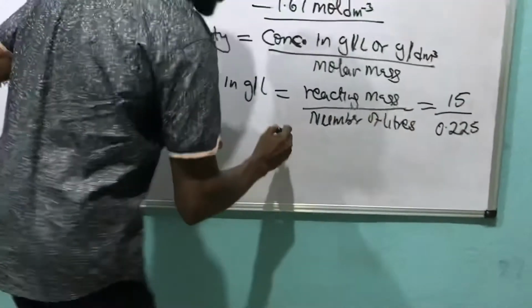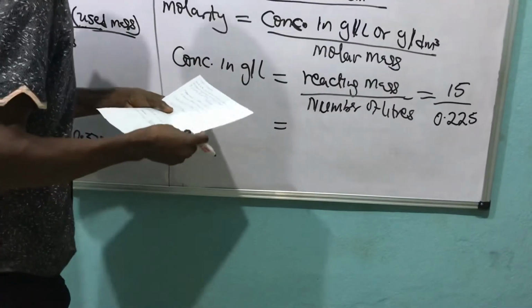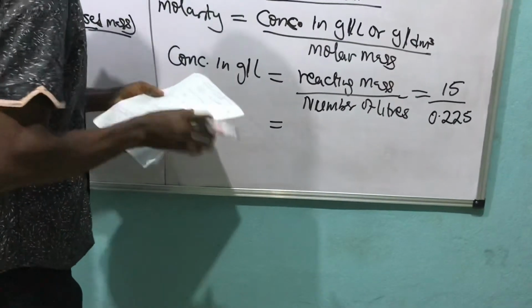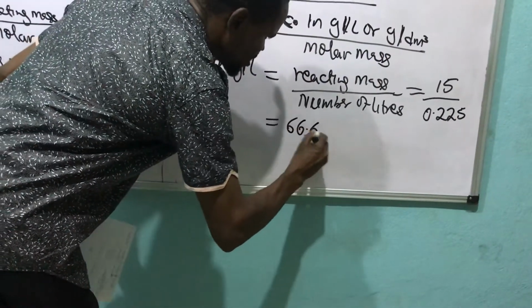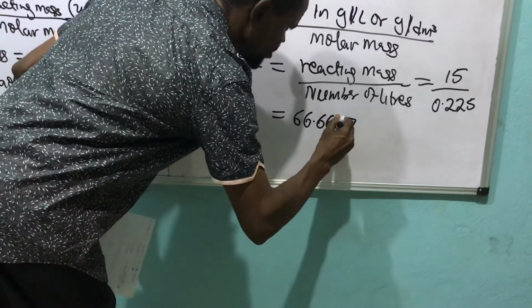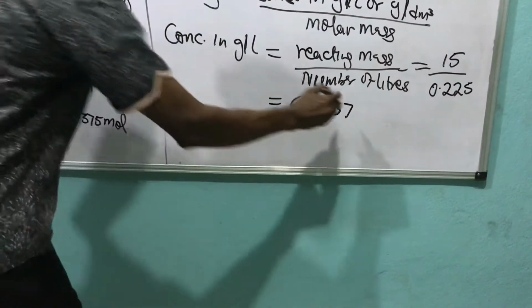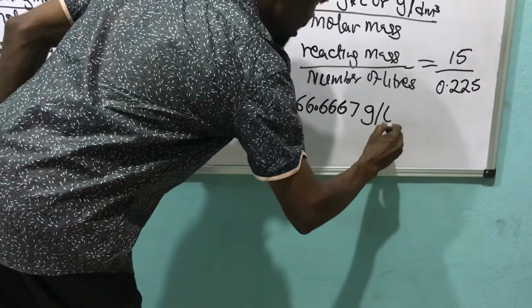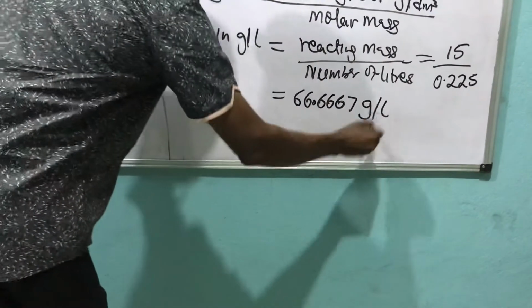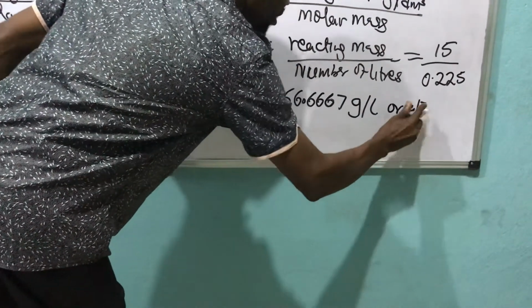If we divide this, that will give me approximately 66.667. That's my concentration, which means gram per liter. Unit, gram per liter, or I write it like this, gram per liter. Do you get what I'm saying?